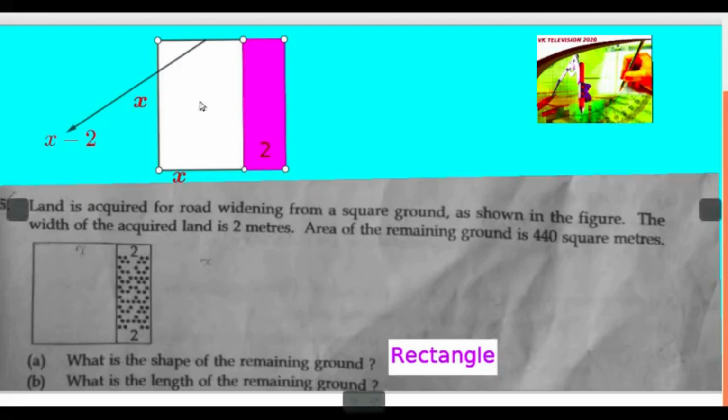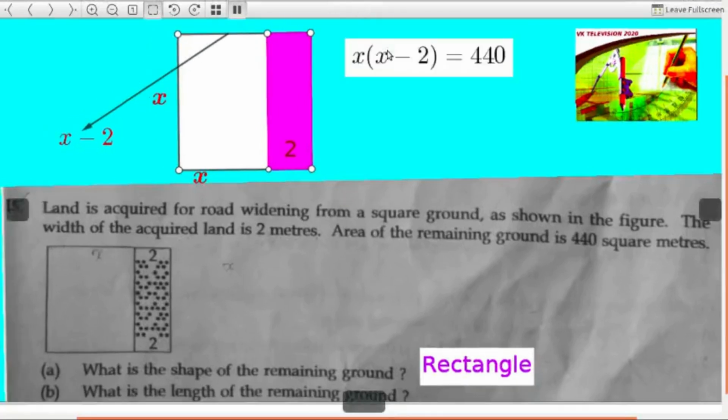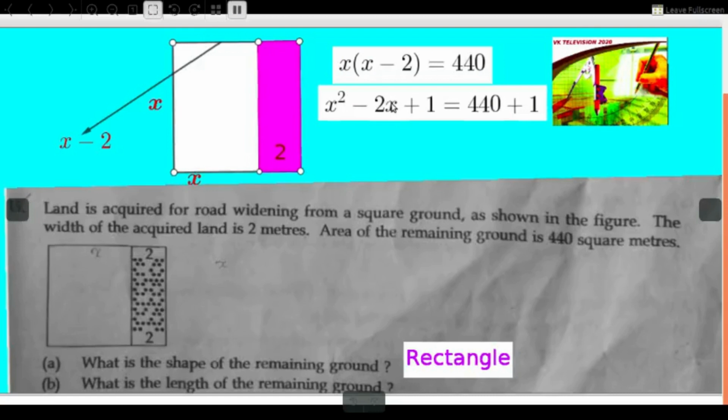Now this area is equal to 440. So area is equal to length into breadth, that is x into x minus 2. x into x minus 2 is equal to 440. That is x square minus 2x plus 1 is equal to 440 plus 1.